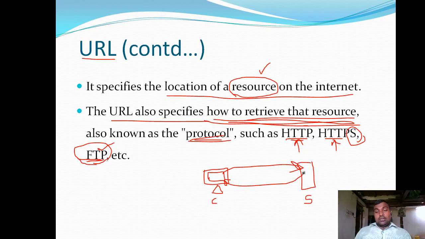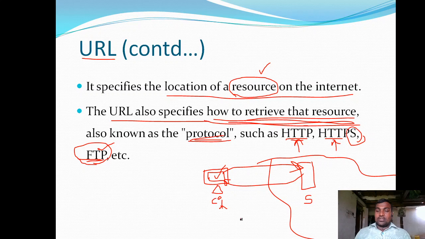So once again I am repeating, a client is a user who is using his own PC. In that PC he must have web browser software, then only he can communicate with the web servers available around the world.